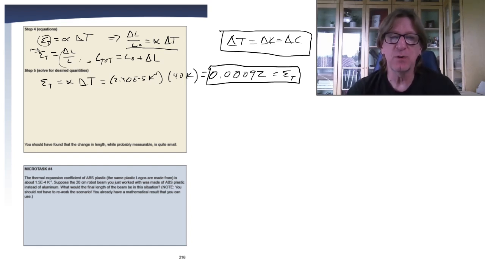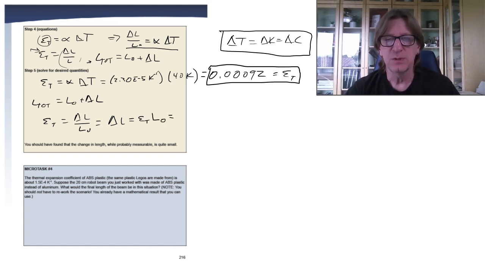The second part, then, we want to find our total length. So our total length is going to be L0 plus delta L. That means I need to find delta L. Well, we know that thermal strain is equal to delta L over L0. And so delta L is equal to our thermal strain times L0, which is 0.00092, no units, times my initial length, which is 20 centimeters.